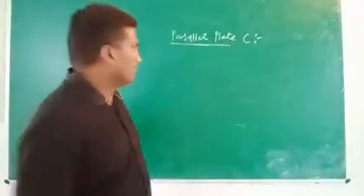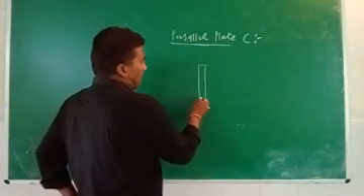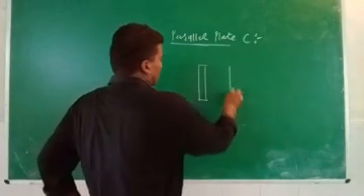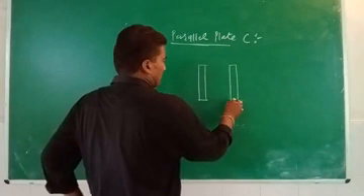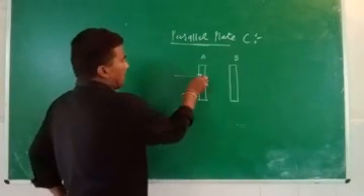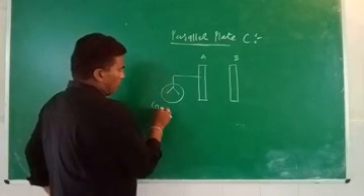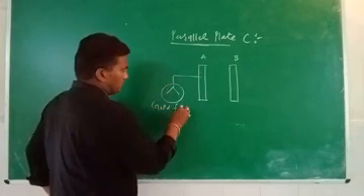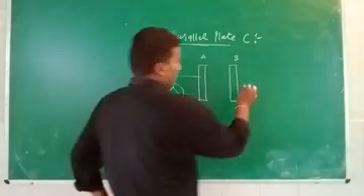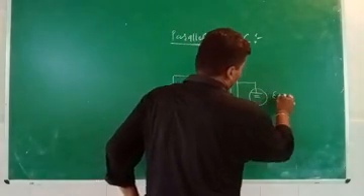Now we first draw the figure of the parallel plate capacitor, like two metallic plates A and B, where A is connected to the gold foils and B is connected with earthing.